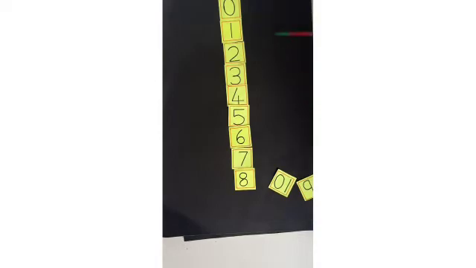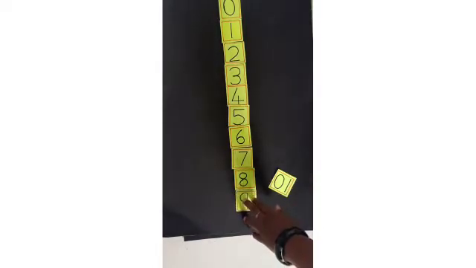Now let us count again. 0, 1, 2, 3, 4, 5, 6, 7, 8. Now after 8 what comes? Number 9. So where is number 9? Here it is. So we will place it below number 8.